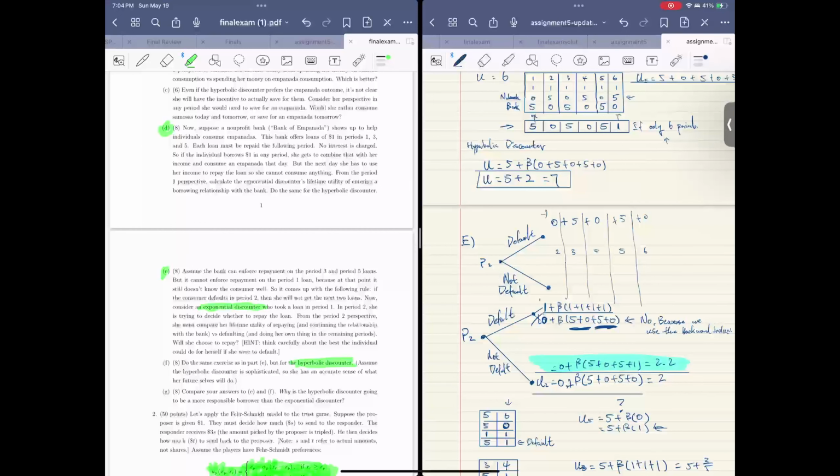But if you default and consume, you can have 1 plus 0 plus 5 plus 0 plus 5.